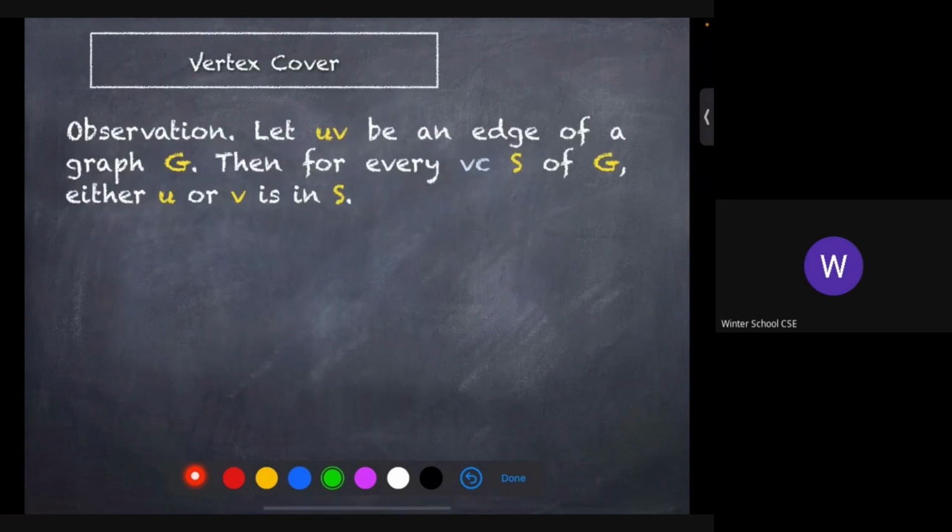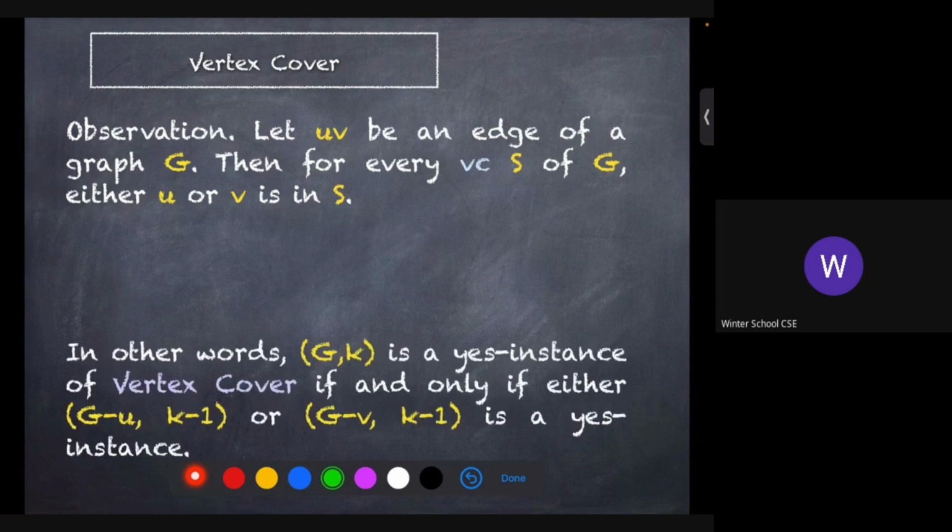Okay, so we start from the algorithm for vertex cover. The first observation is extremely simple. I have an edge, let's call it uv, and every vertex cover should contain at least one endpoint of this edge, right? It should be covered. So I consider this algorithm. If my instance (G, k) is a yes instance, it means it contains a vertex cover of size at most k.